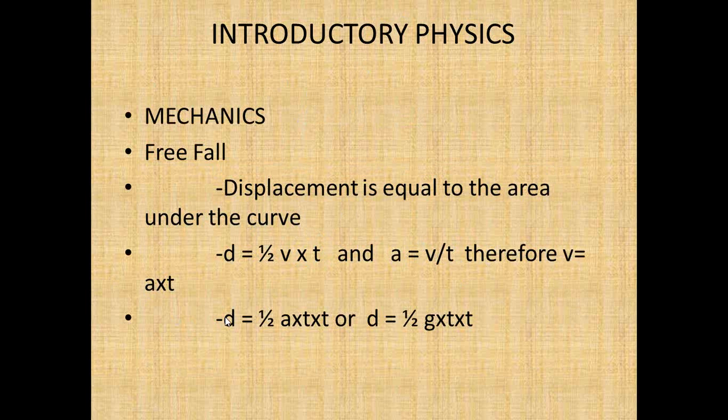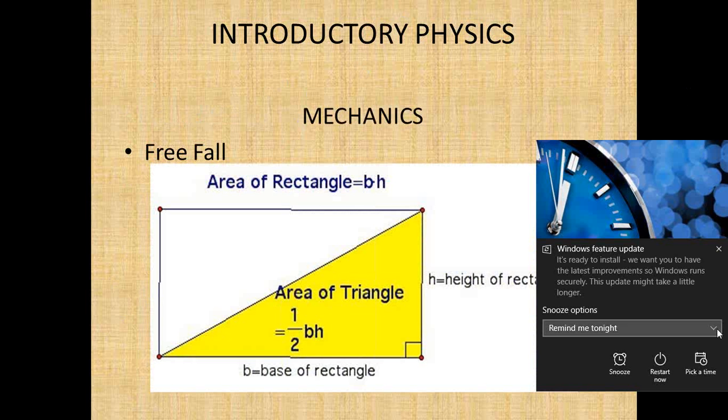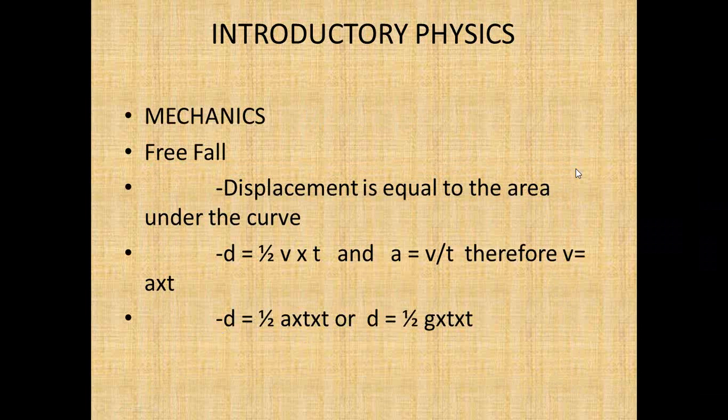So displacement is equal to, let's go back here. This is the original equation from the area under the curve, but we know that acceleration is equal to final velocity minus initial velocity over time.